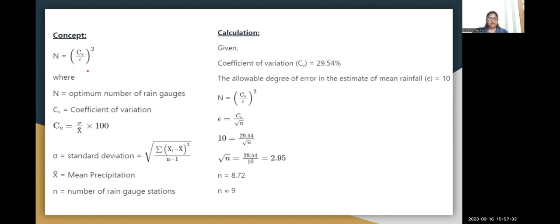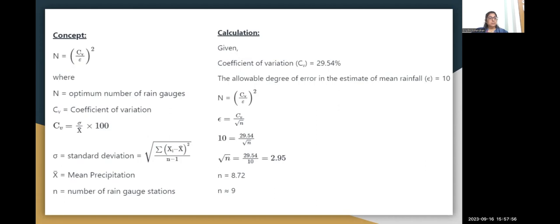Now here the coefficient of variation is already given, so we don't have to make use of this formula. But in some problems, they give us the individual values. That is, they say that 6 rain gauge stations are already there, and their rainfalls are P1, P2, P3, P4, P5, P6.